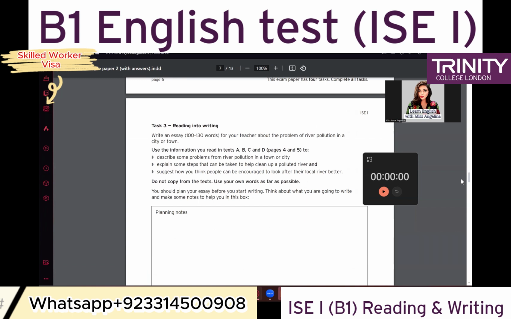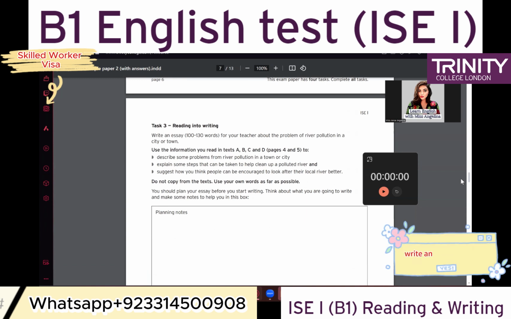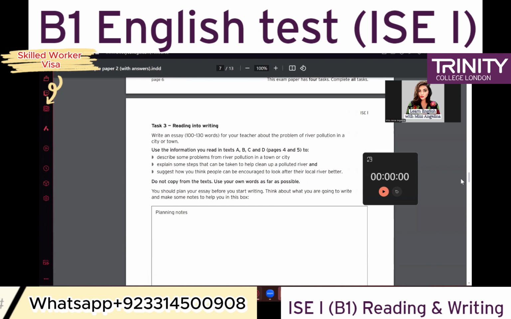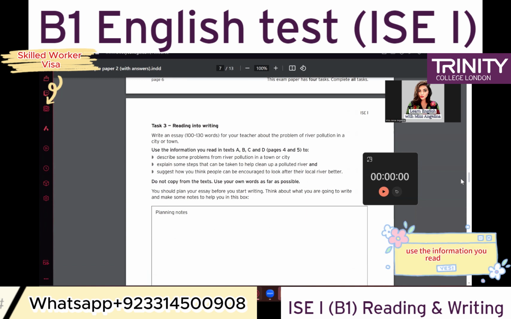Write an essay, 100 to 130 words, for your teacher about the problems of river pollution in a city or town. Use the information you read in text A, B, C, and D, pages 4 and 5 too. Number 1, describe some problems from river pollution in a city or town.